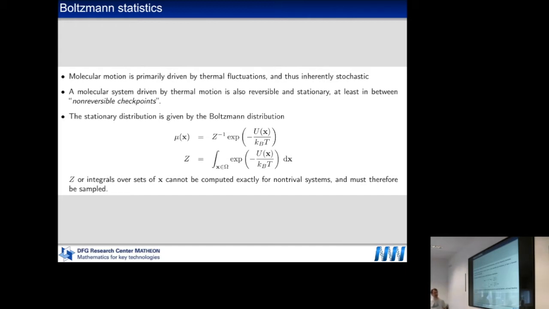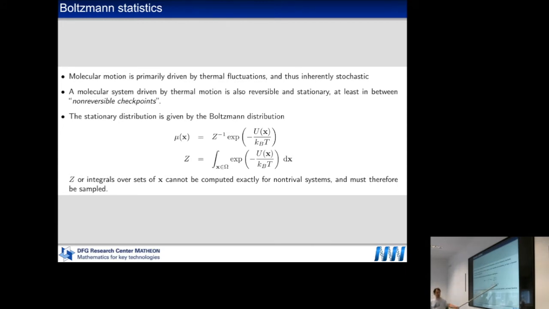As a result of that, the data points that you sample will, if you sample long enough, be distributed according to this probability distribution, this equilibrium distribution, which is the Boltzmann distribution. So it's e to the minus some energy u, and this is normalized by the C, which is an integral, the partition function.